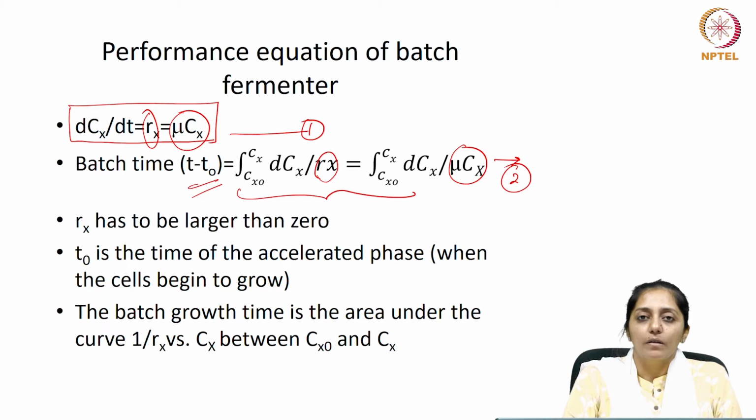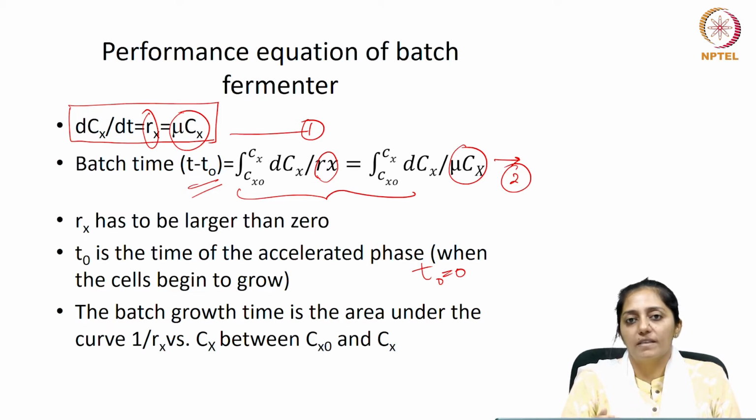Now T0 is generally equal to 0 when we assume that there is no lag phase. But if there is a lag phase, you remember last class we were talking about the lag phase, in which there is a phase called the acclimatization period, where the cell division is not happening.